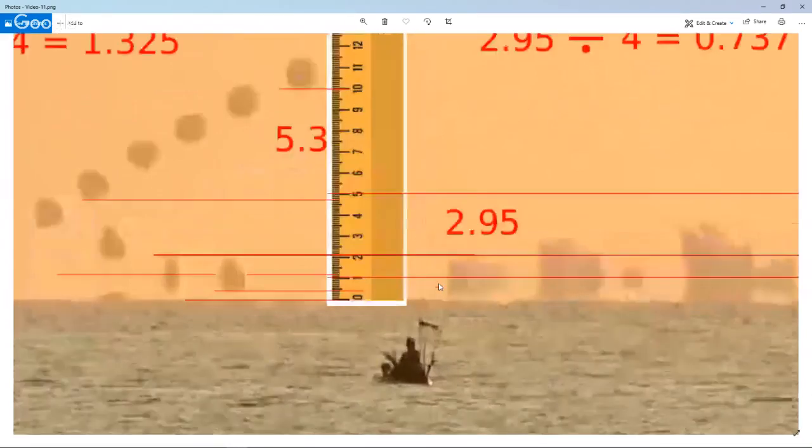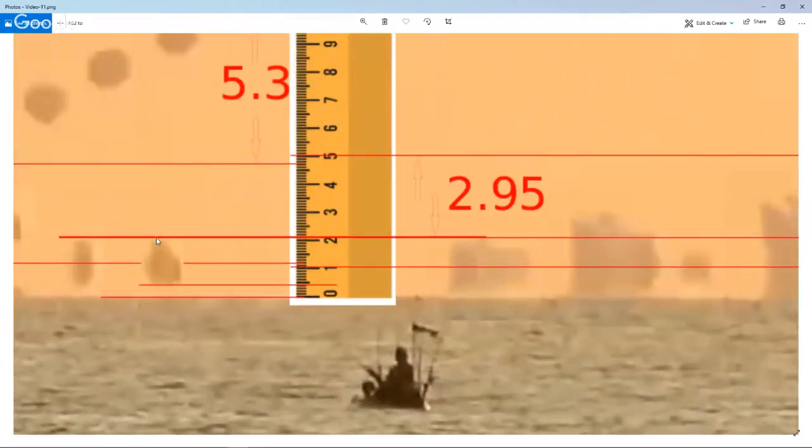So I'm going to say that this object, almost instantaneously, just after the last frame was taken, struck the ocean right here.